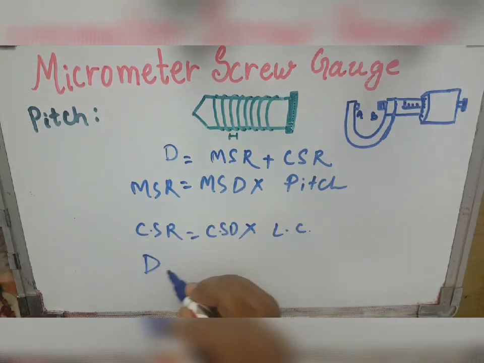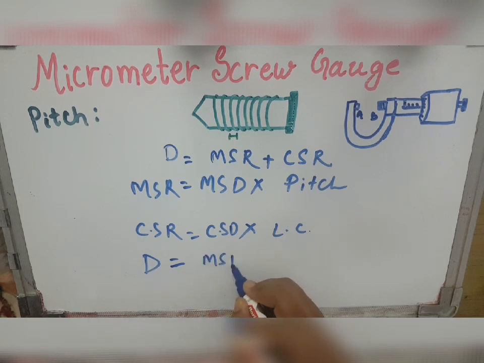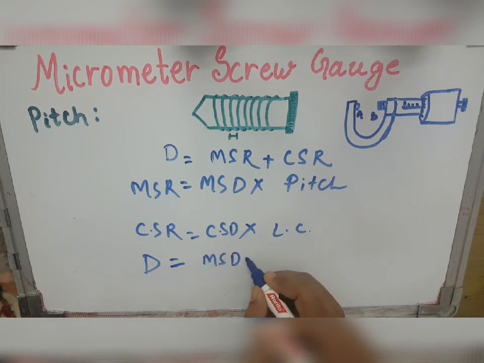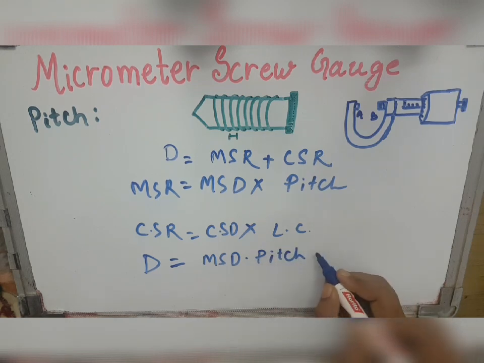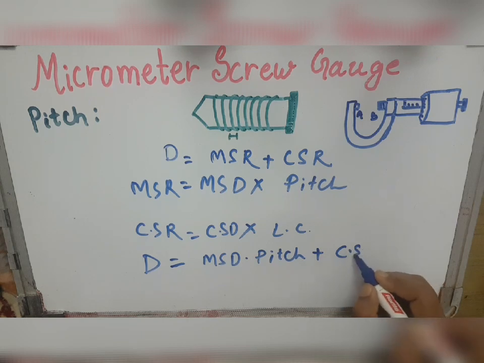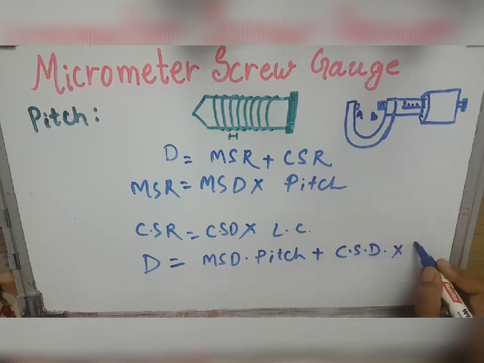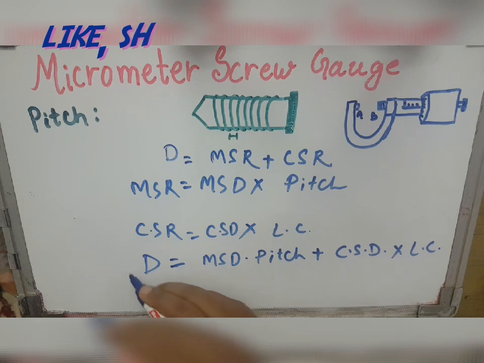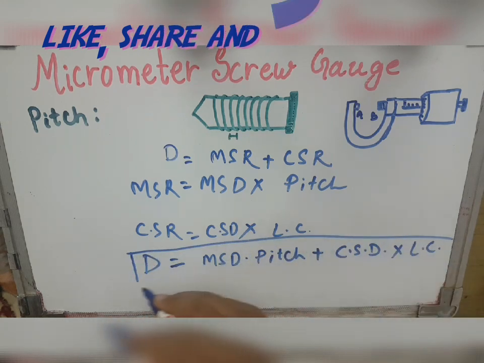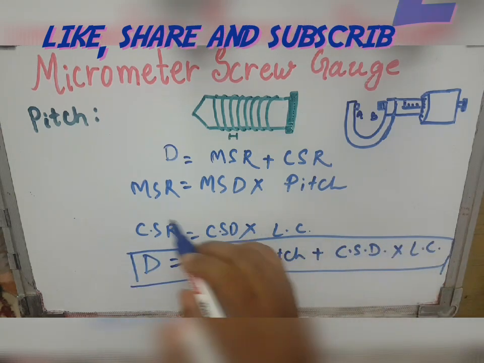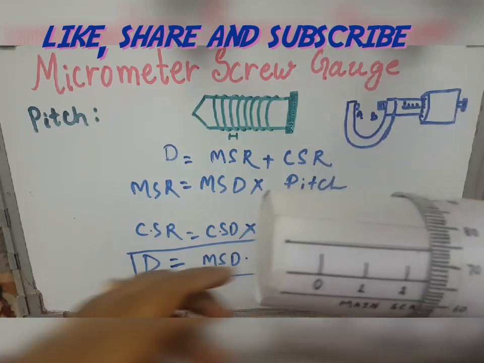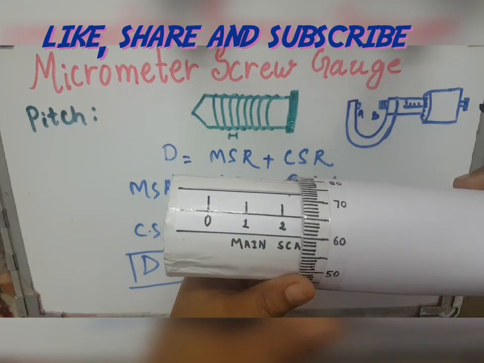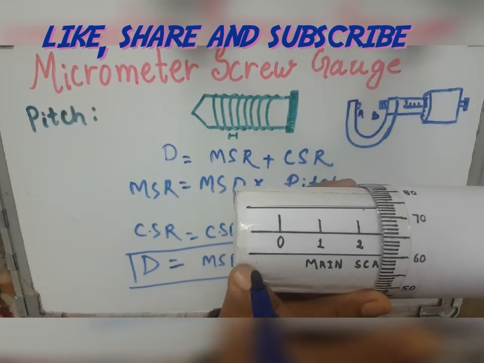So the diameter will come out to be main scale division into pitch plus circular scale division into least count. This is the formula. Now let us quickly take an example for which this particular reading has been observed.